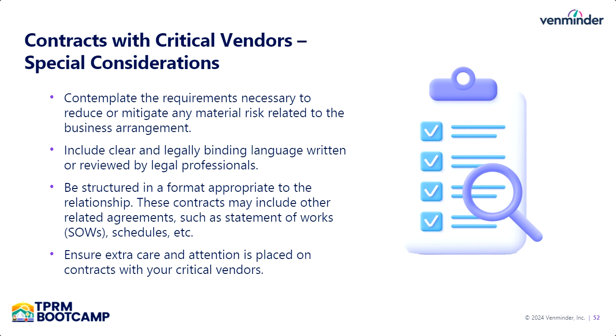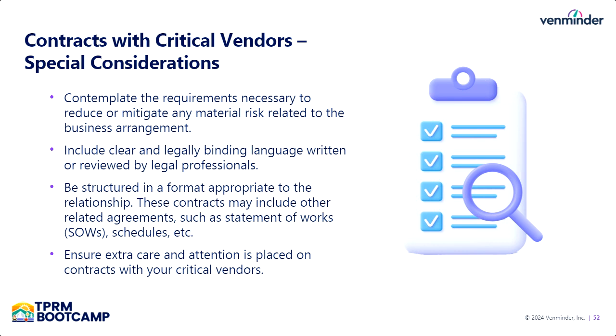Over the next few slides, we're going to address some special considerations as it relates to specifically your critical vendors. But in general, let's just cover a few points. Because these vendors are critical to the ongoing success of your business, it is prudent, wise, best practice that you find ways to reduce or mitigate the risks posed by this business arrangement and address those in the contract.